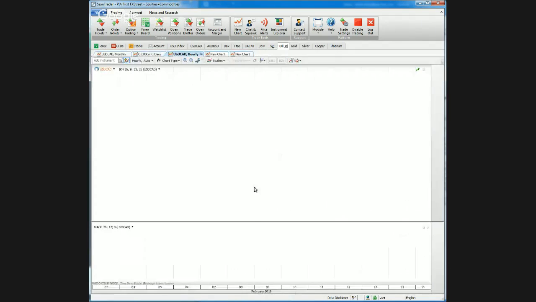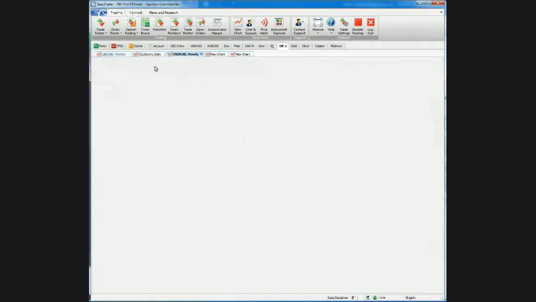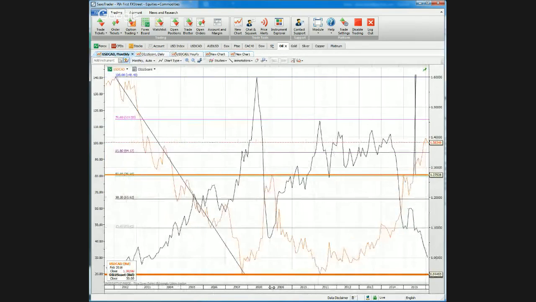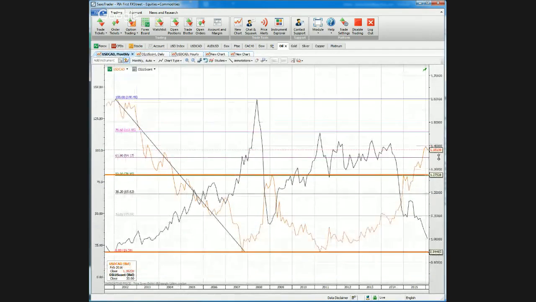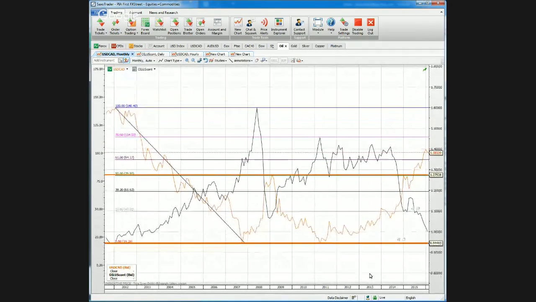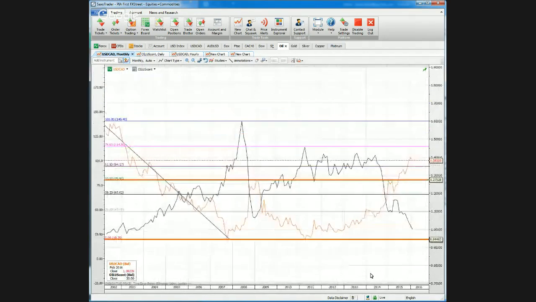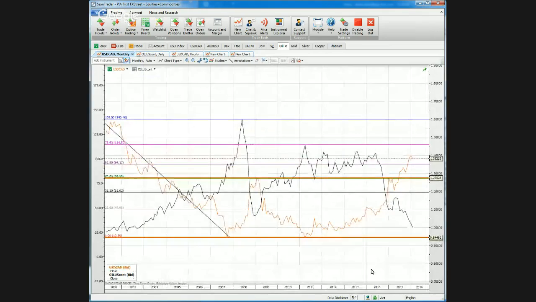Obviously, oil is one of the major commodities that we've been talking about for a long while now, and we can see how the dollar CAD and oil antagonize each other and move against each other.